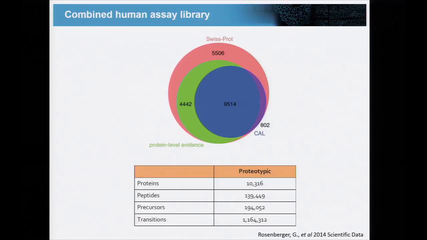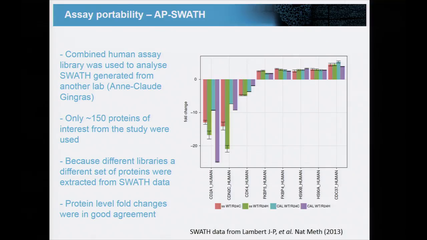And at one point we were interested in checking whether this library that we developed in our lab could be used by another lab to extract information from their SWATH data. So it goes to this question of assay portability. At the time there was not that much other SWATH data published, but we took what was available from the Anne-Claude Gingras lab.